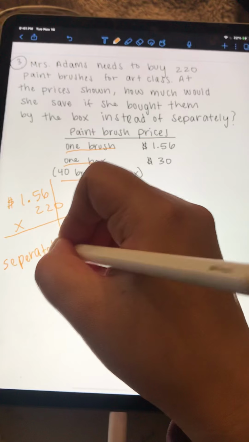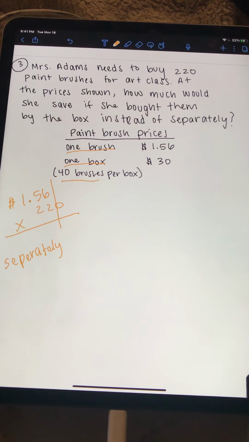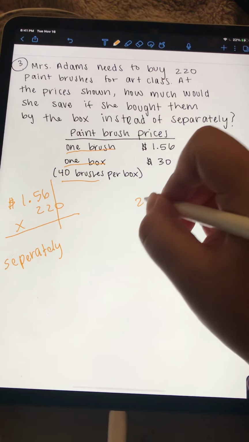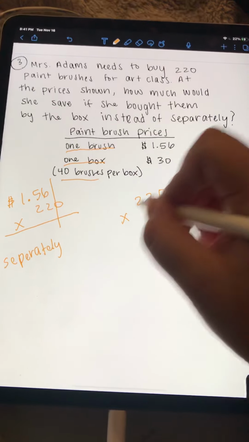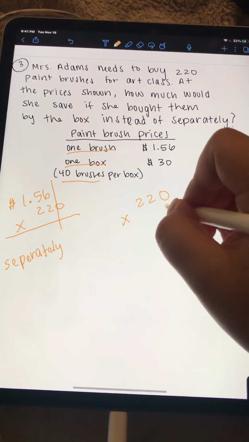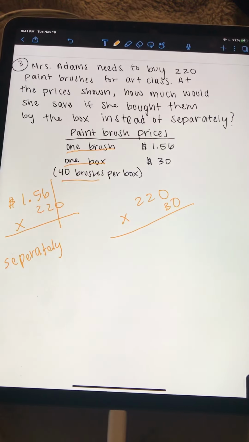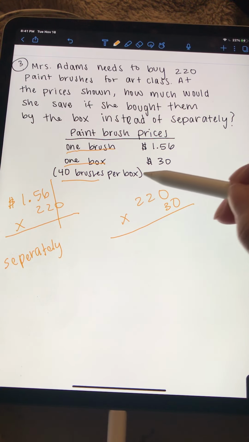But now we want to figure out how much it would cost per paintbrush if she bought them in boxes, right? So in this case, we have to think about the units. Like, what are we really doing? If we do 220 times the cost, which would be, let's say, times 30, that gives us the amount for boxes, but we need to realize there's 40 brushes per box.